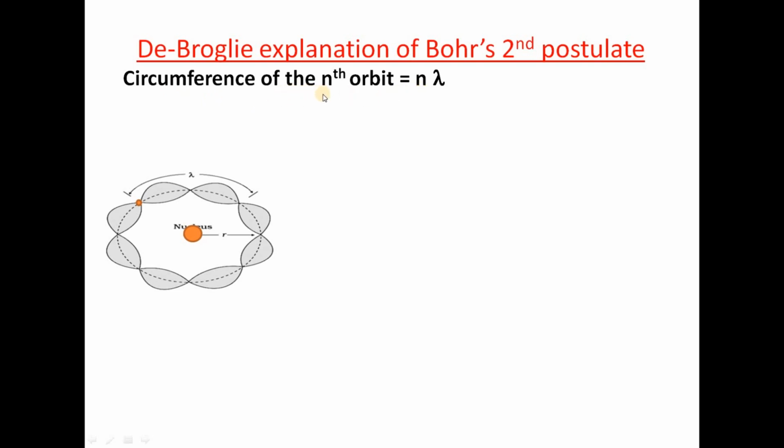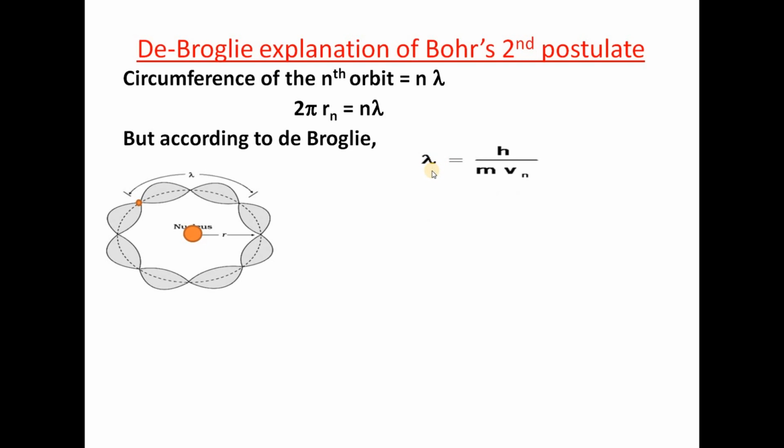The circumference of the circle is given by 2 pi r, that is 2 pi rn is equal to n lambda, where rn is the radius of the nth orbit. Considering that the electron is revolving in the nth orbit, that must be equal to n lambda. But according to de Broglie, we already know the wavelength of the matter wave: lambda is equal to h by m into Vn.